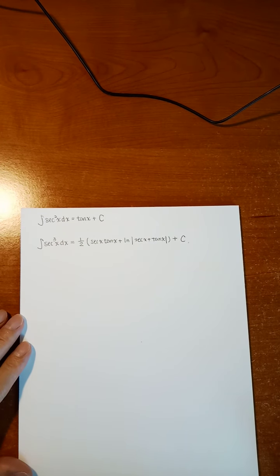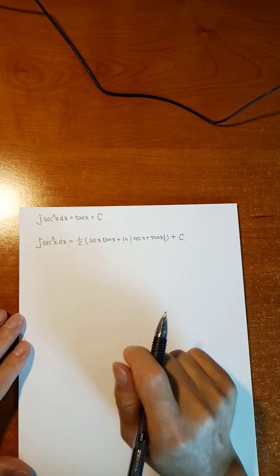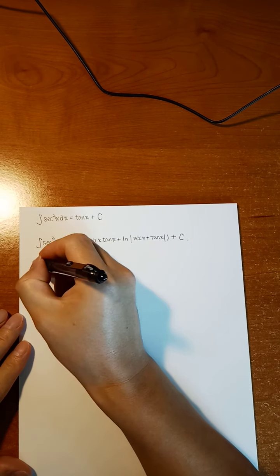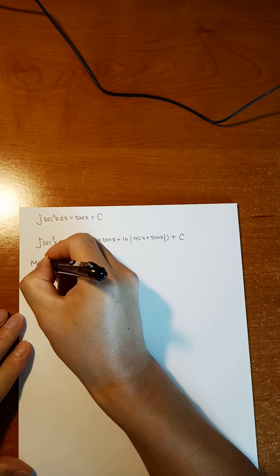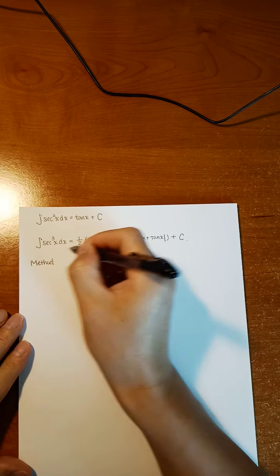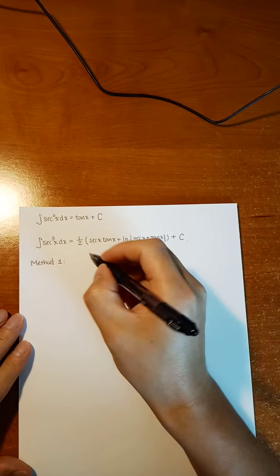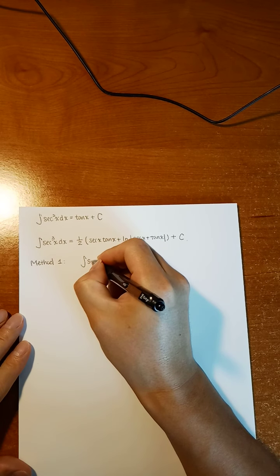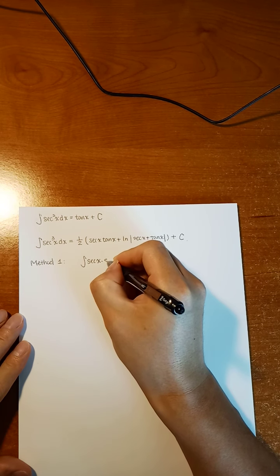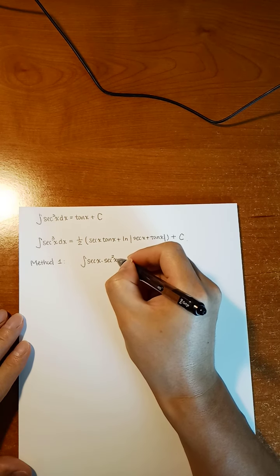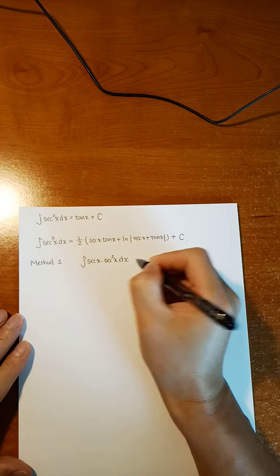All right, now let's see how we find this formula. The traditional way is to apply the integration by parts. So how do we do that? We're going to write secant x cubed as secant x times secant x squared.